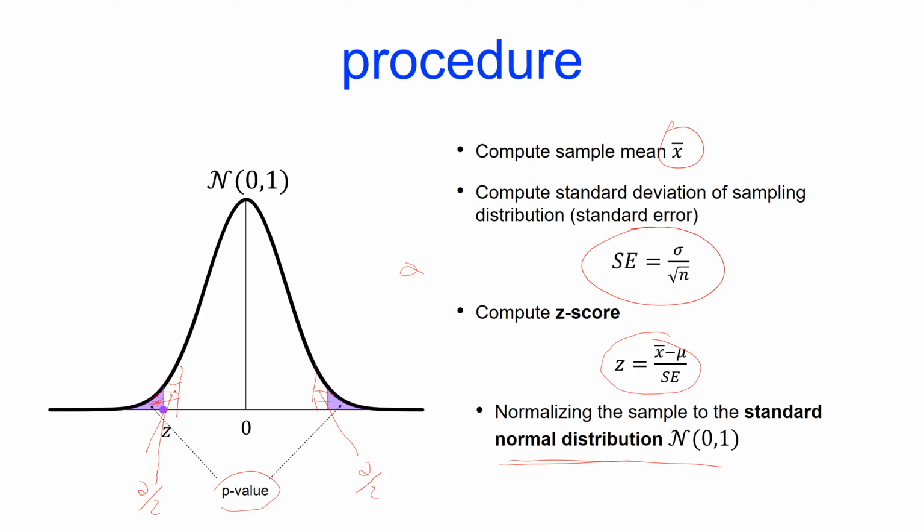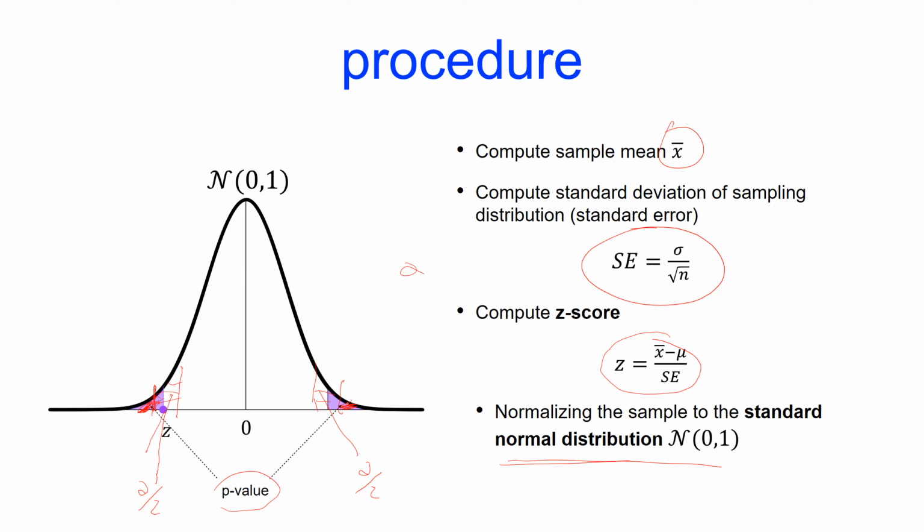But if your application allows you to pick a smaller alpha, say my new alpha is put here, and I only consider these two tiny regions as my rejection region, then it looks like our z-score corresponds to a p-value outside of this rejection region.